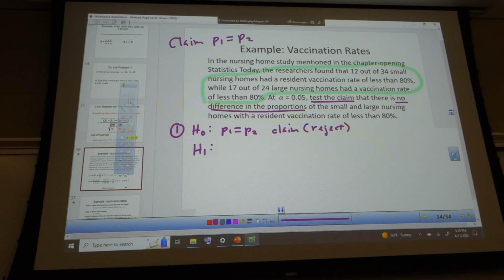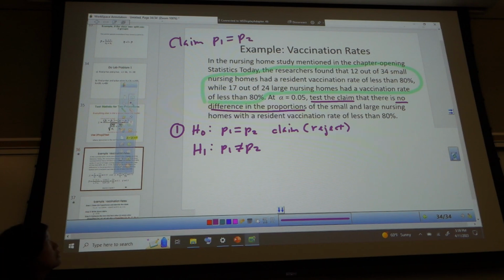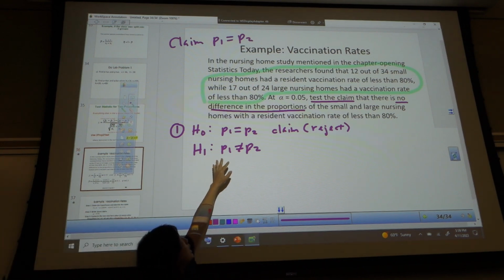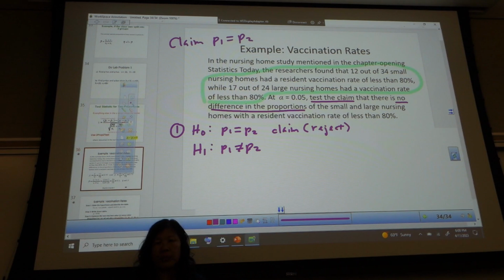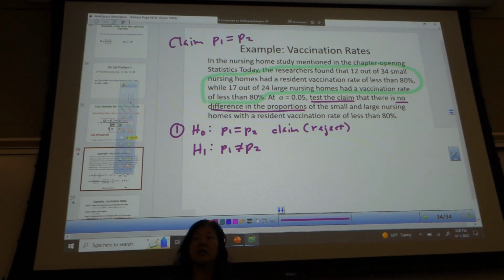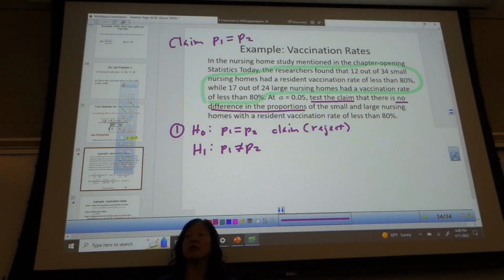So my H1 would be P1 is not equal to P2. Everybody feeling all right with that? Check with your neighbors, discuss it a little bit. All right, so again, because my claim is that they're equal, then H1, the alternative to disprove it, would be the opposite, that they're not equal.